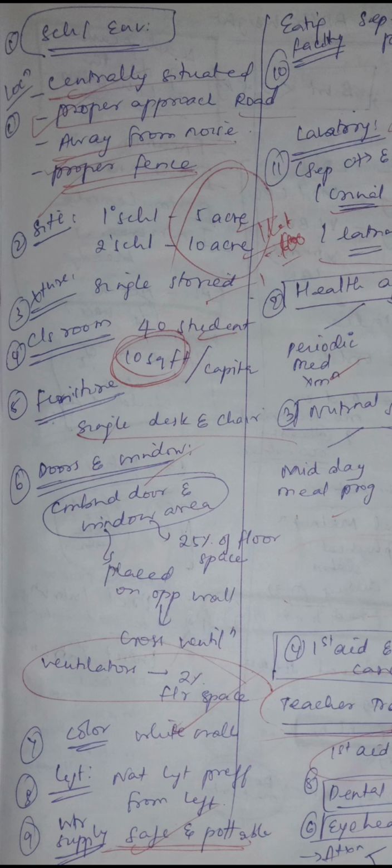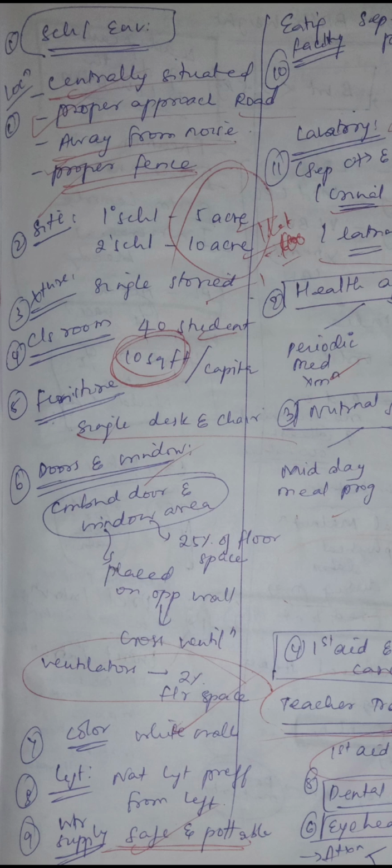The structure of the school should be single storied. Talking about the classroom, it should be adequate for 40 students only. It should not be more than 40 students ideally, and per student it should have 10 square feet.